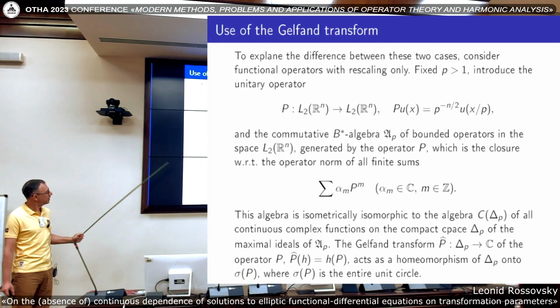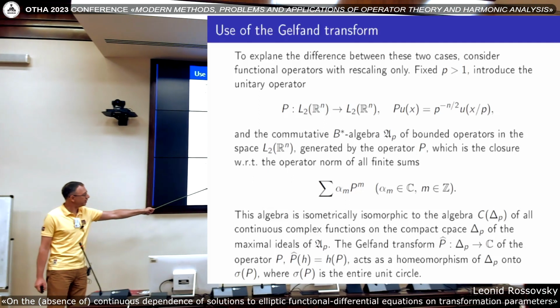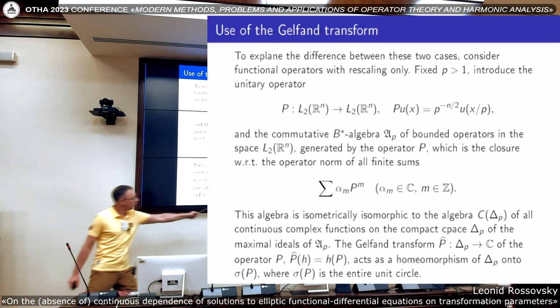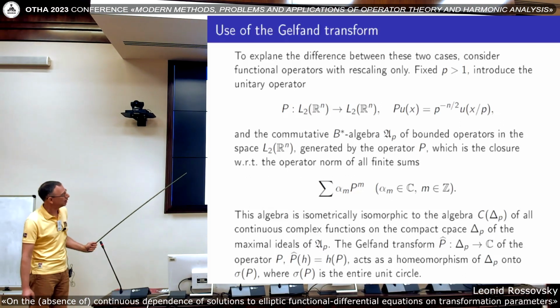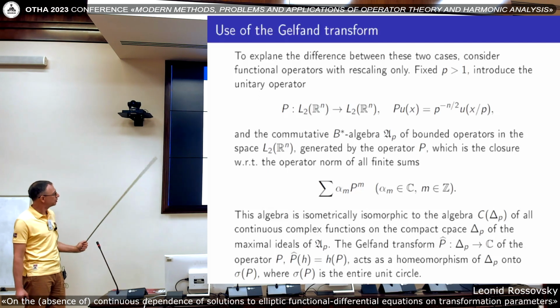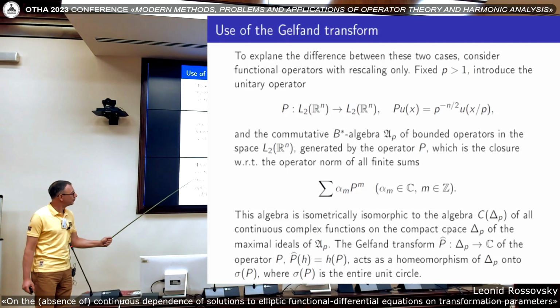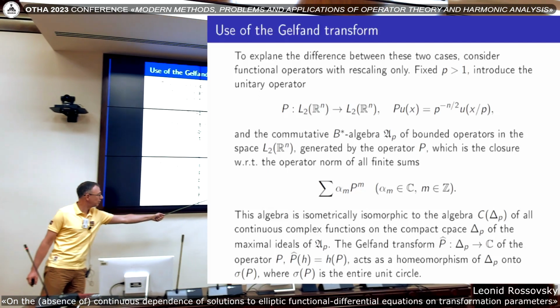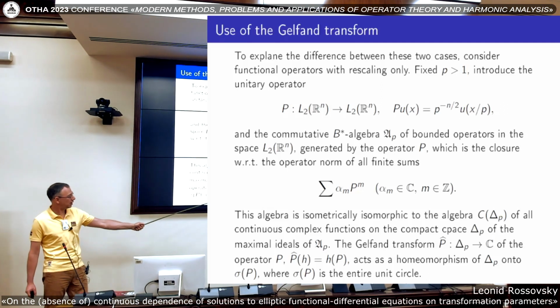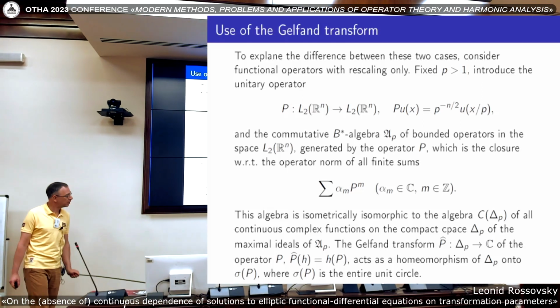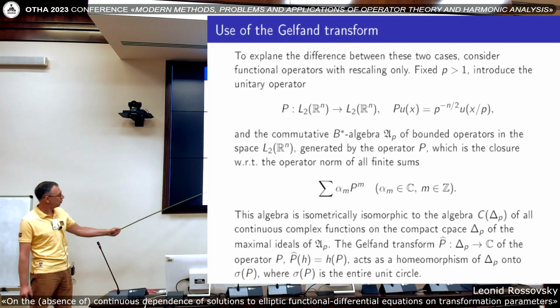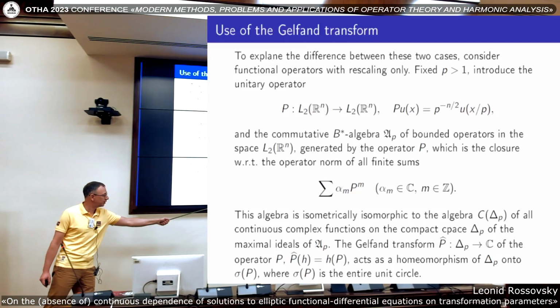And the Gelfand theory says that this algebra is isometrically isomorphic to the algebra of continuous functions on the compact space of maximal ideals of our algebra A. And the Gelfand transform of this operator acts as a homeomorphism of the maximal ideal space onto the spectrum of the operator P, where the spectrum is the entire unit circle.